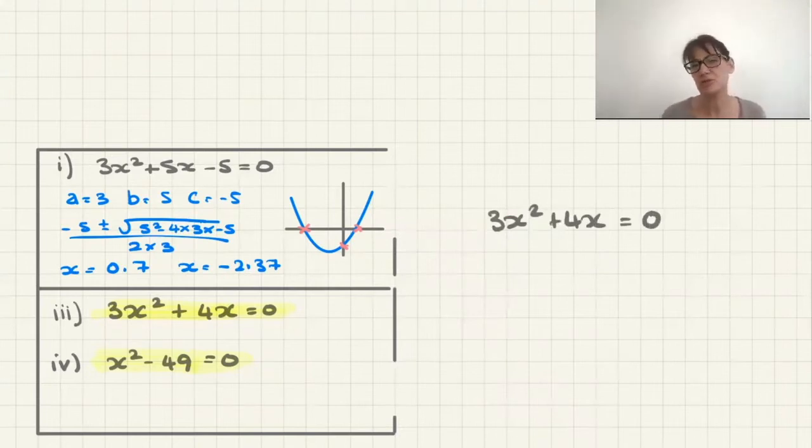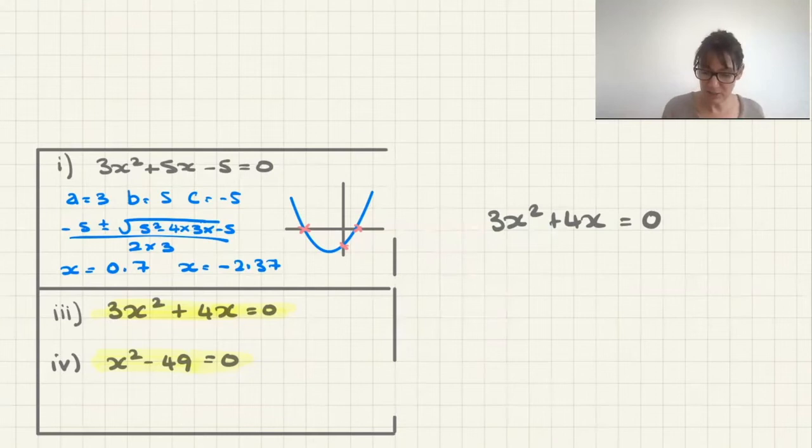This is your grade 4 even, grade 5 maximum kind of quadratic. But because we haven't seen it for a little while, it's very easy for us to just be in a zone rather than thinking, what am I looking at? What do I know? We don't want to be robots trying to recognize a question so we can answer it. We want to be able to apply our knowledge of a topic.